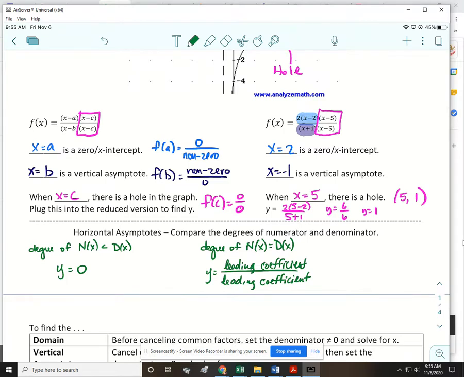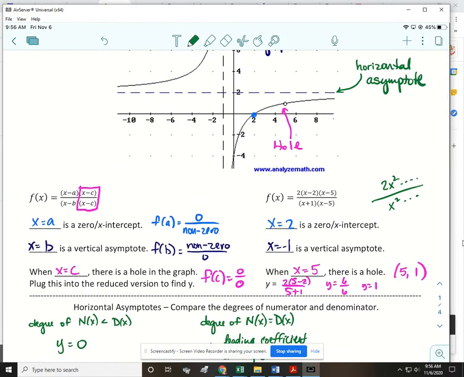Even though I have these in factored form, it's going to be an x squared over an x squared. So it's basically 2x squared something over x squared something else. So the degrees are the same. So your horizontal asymptote should be 2 over 1, which is y equals 2, and that is where it's graphed.